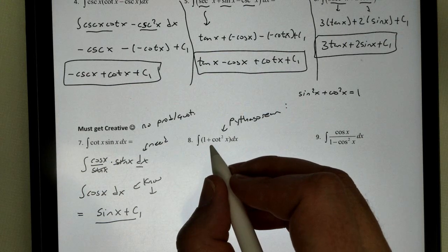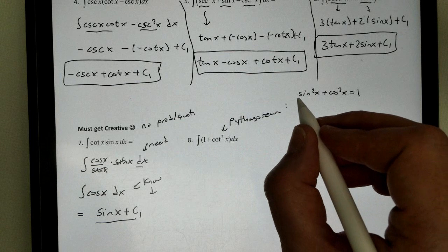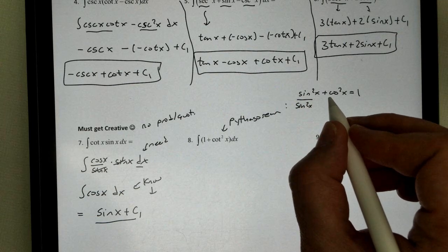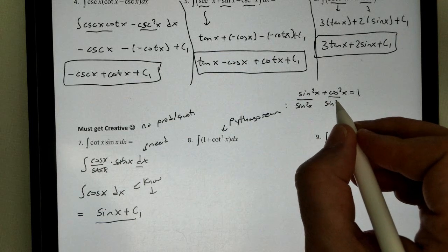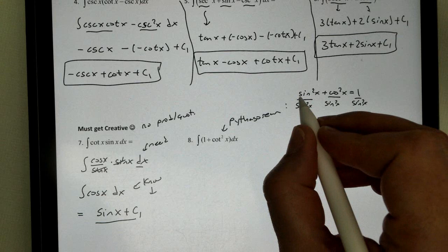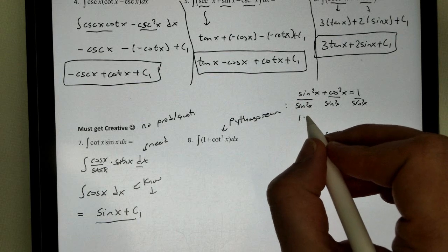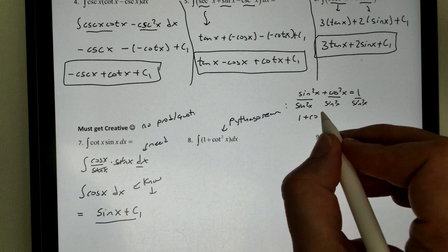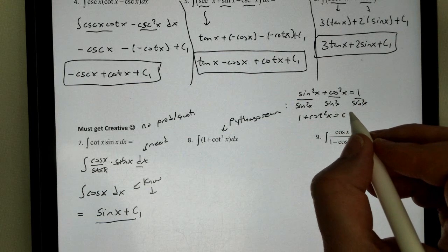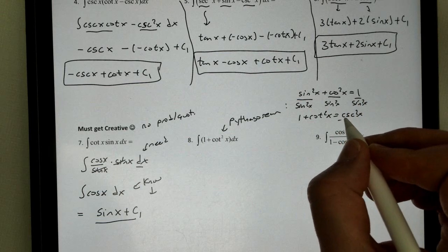Remember, cotangent is cosine over sine. So I'm going to divide everything by sine squared. And this is going to become 1 plus, that's just cotangent squared of x equals 1 over sine is cosecant, so this is just cosecant squared of x.